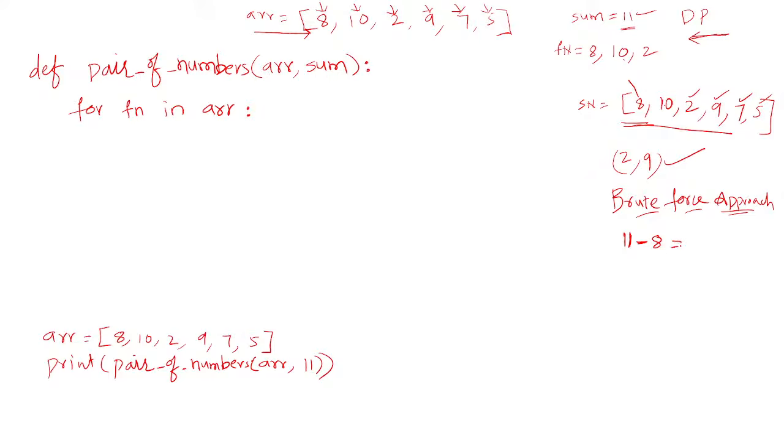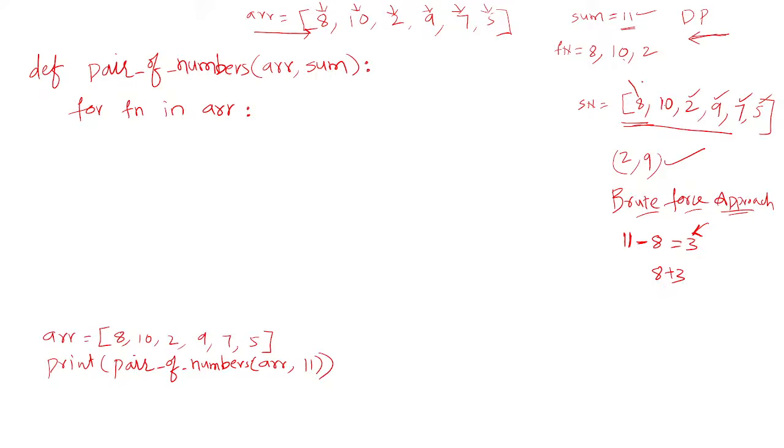If you find the difference of these two, then we need to check whether there is a number with the value 3 in this array or not. If there is, then the 8 and 3 combination forms the pair.